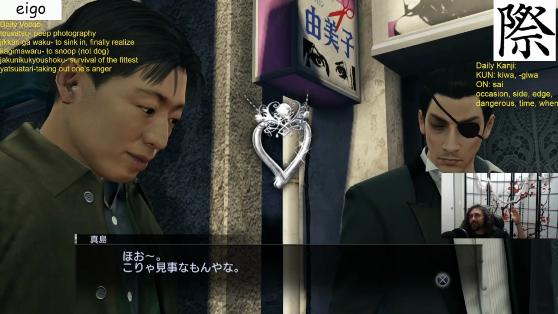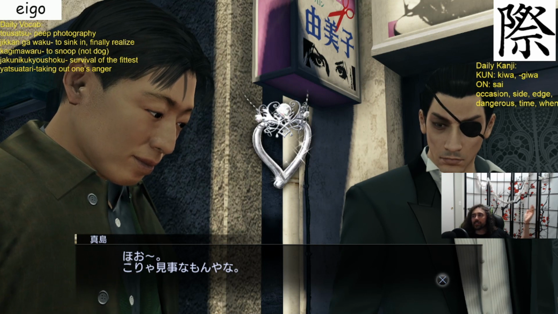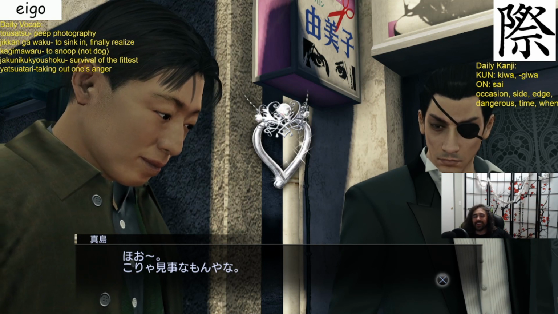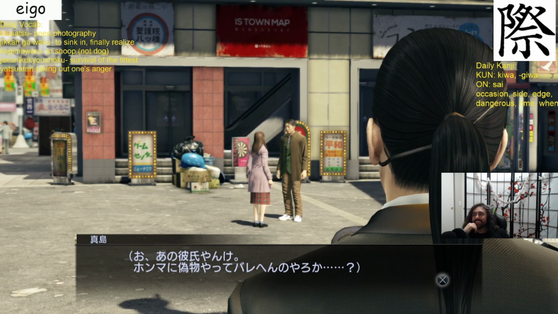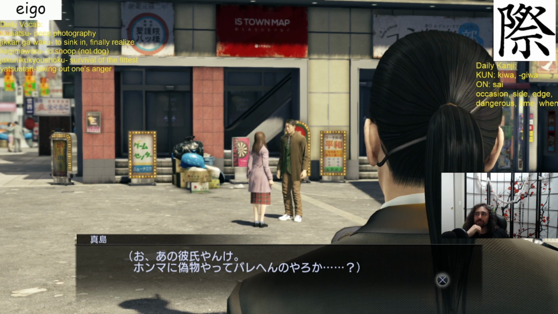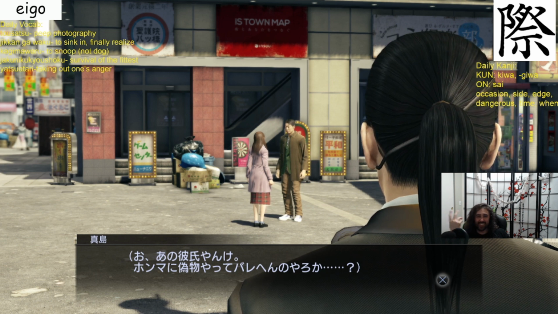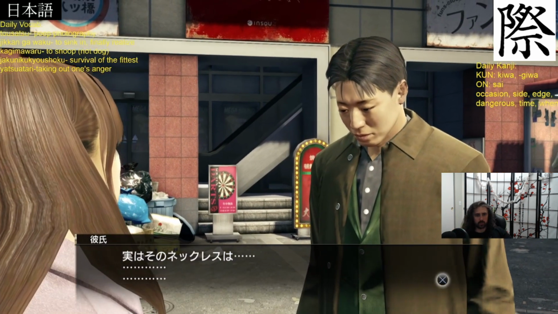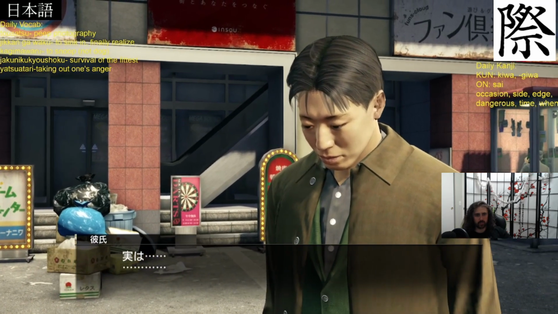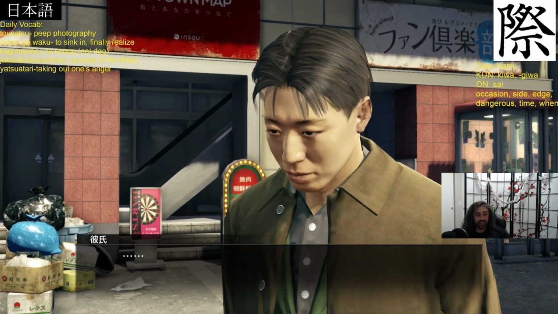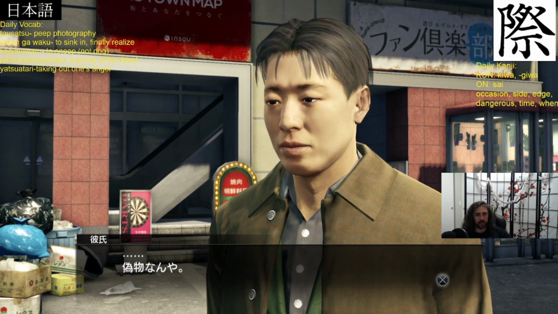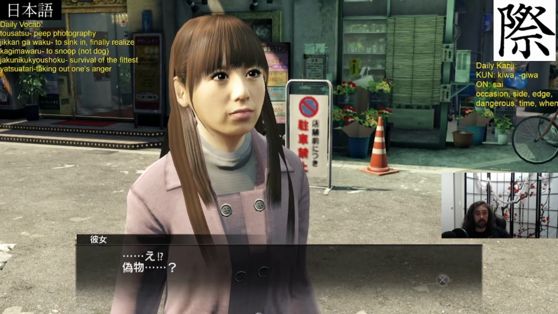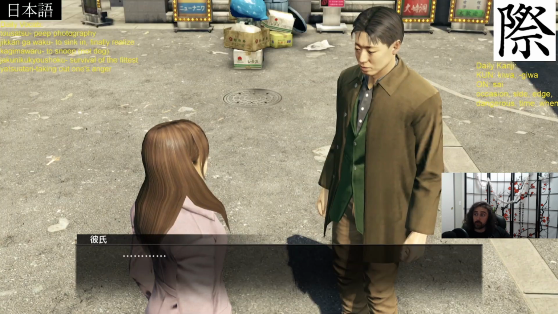Nice. Oh, I forgot that the whole point of this sub-story is that we're trying to trick this guy's girlfriend by giving her a fake product. Maybe tricking your girlfriend on her birthday is not the way to go. That necklace, is he gonna? It's a fake.